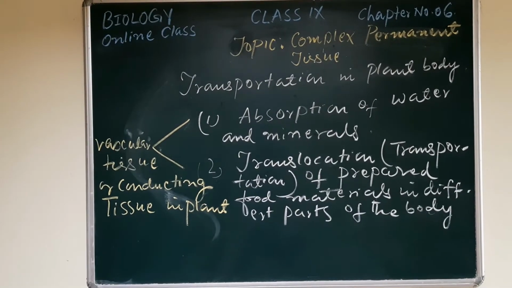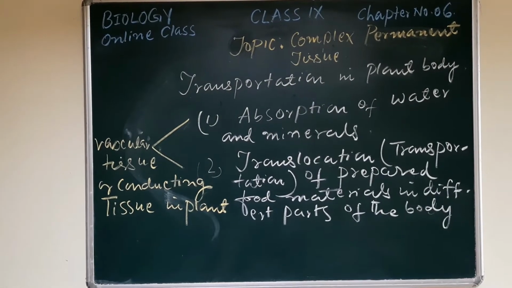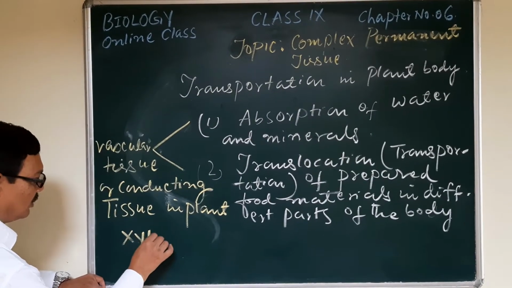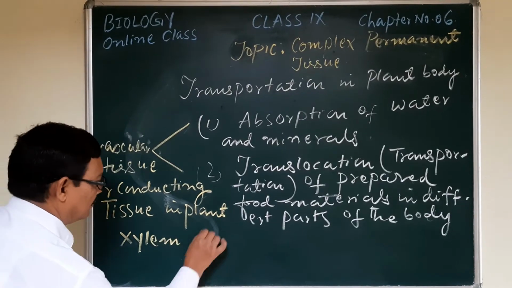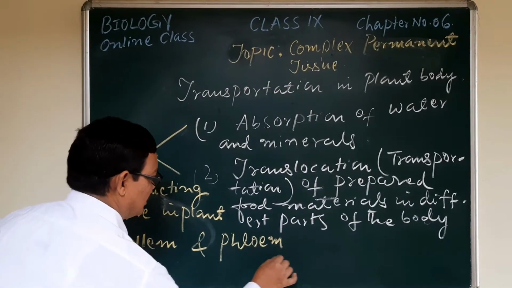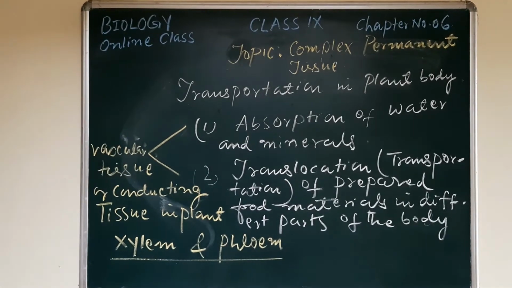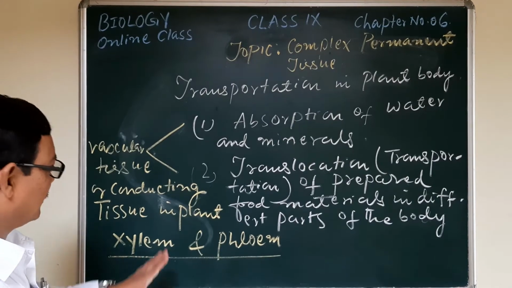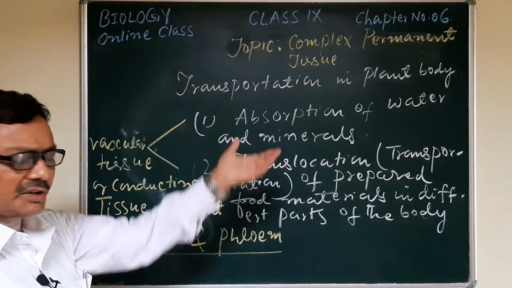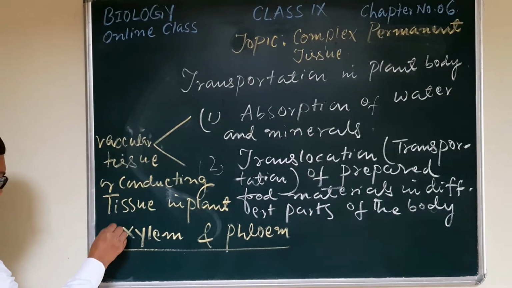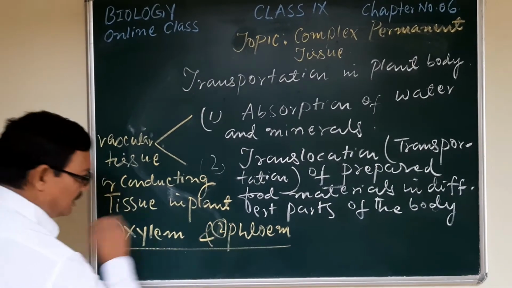And what is this conducting tissue in plants? The xylem and phloem. Xylem and phloem are the conducting tissues of the plant. So the examples or types of complex permanent tissue are two: number one, xylem, and number two, phloem.